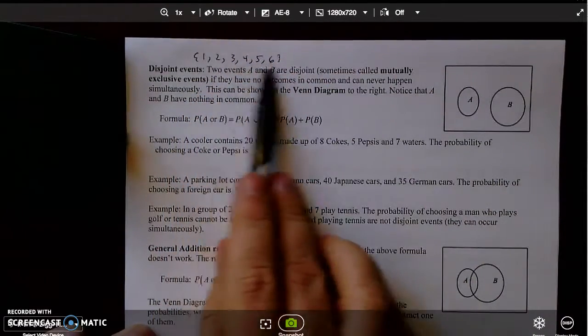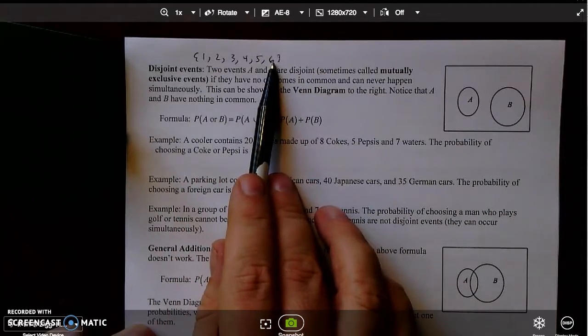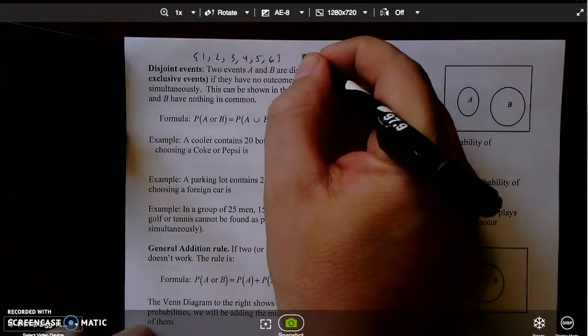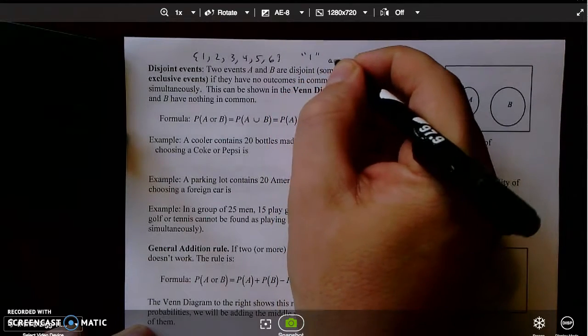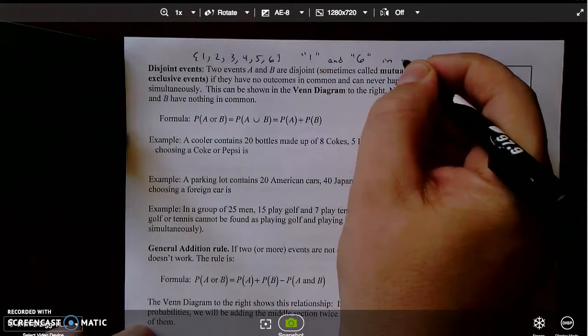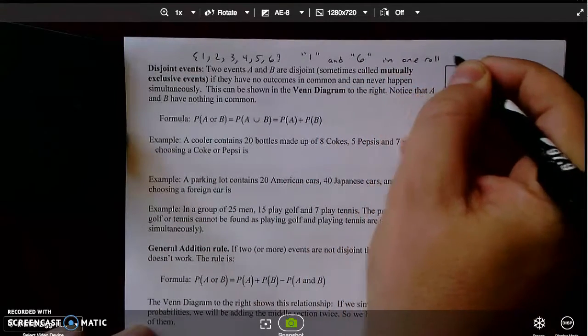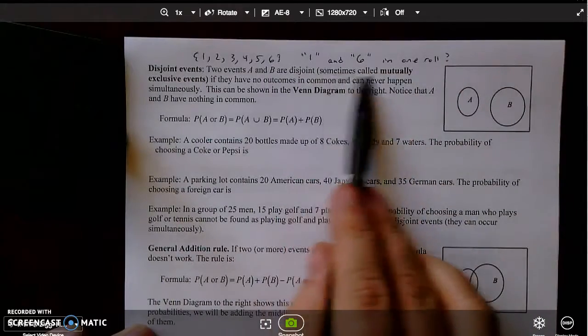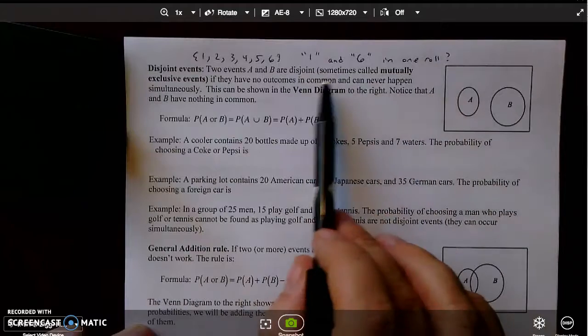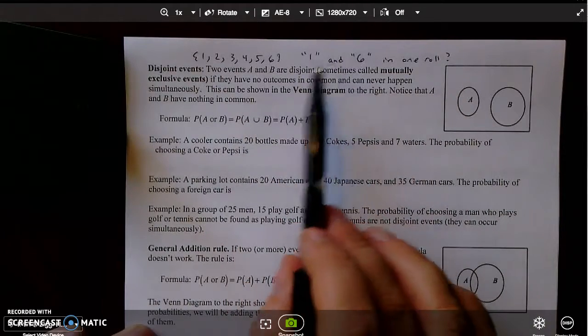And we're talking about only rolling one die. So could I get a one and a six in one roll? No. So those events would be mutually exclusive or disjoint.